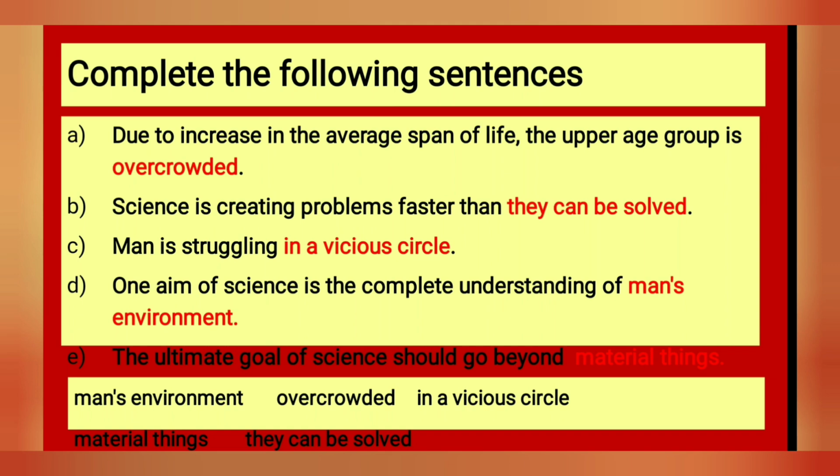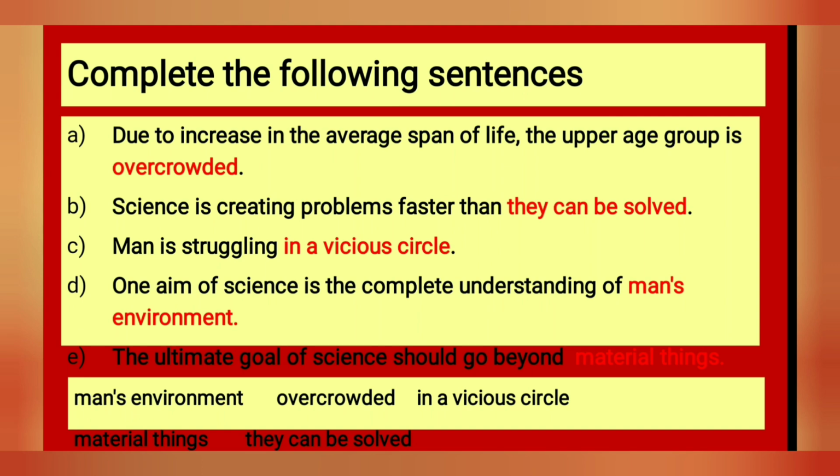Faster than they can be solved. Then C part, man is struggling in a vicious circle. Then D part, one aim of science is the complete understanding of man's environment. Yes, man's environment, especially the material environment.